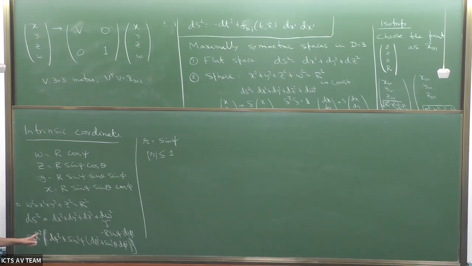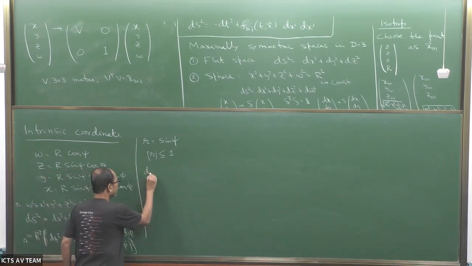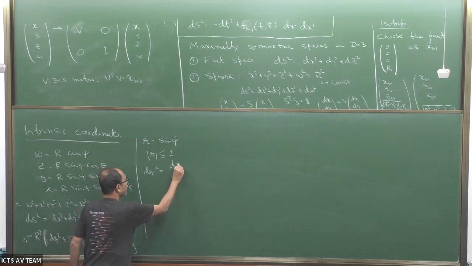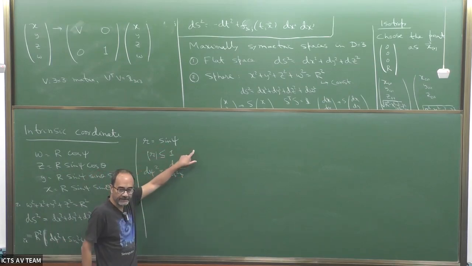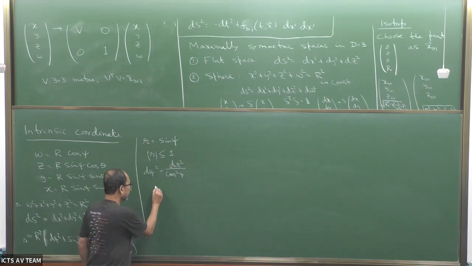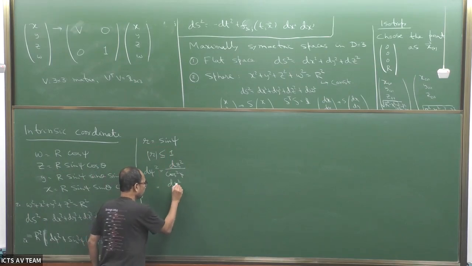So with this, d psi square will be dr square over cos square psi, because dr is cos psi d psi. But this I can write as dr square over 1 minus r square.